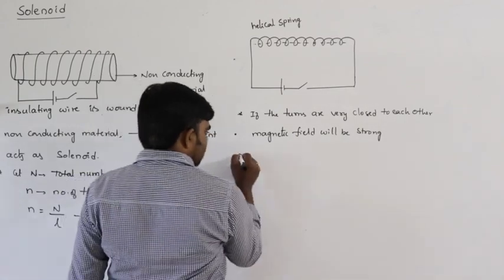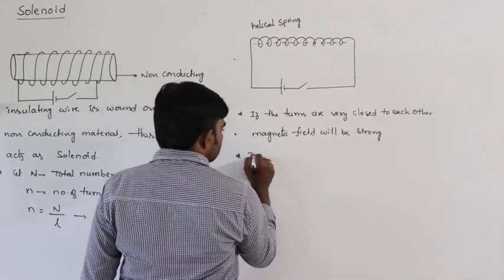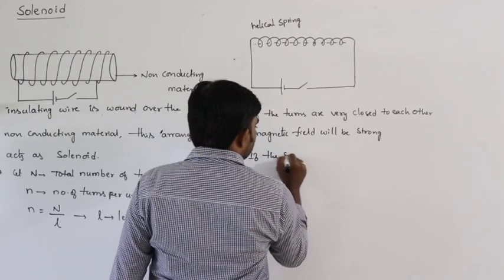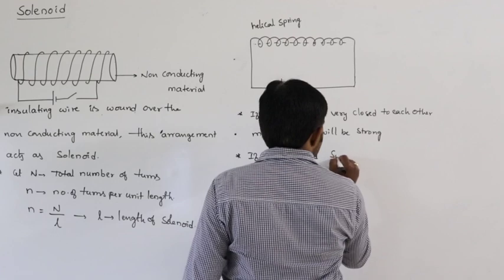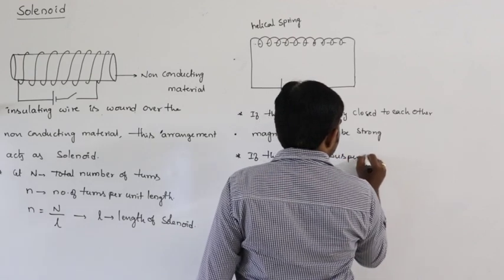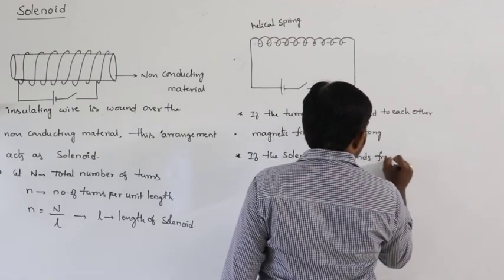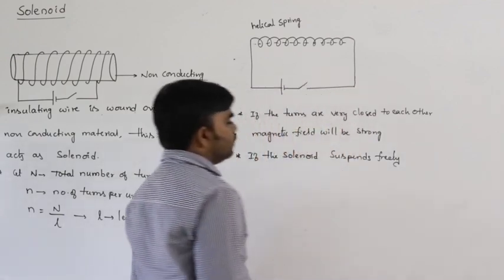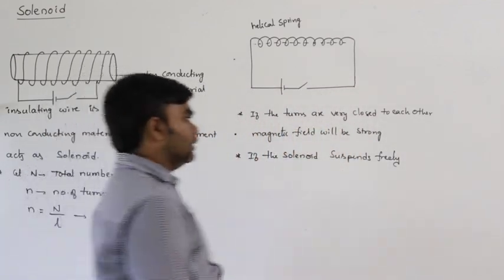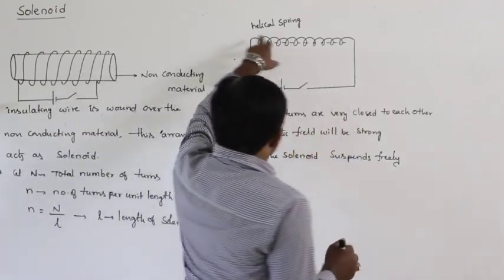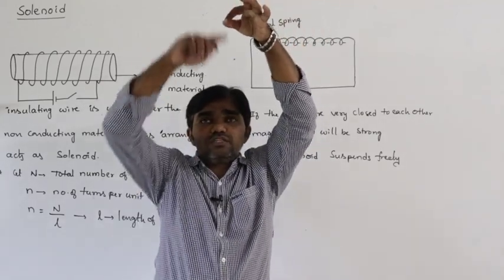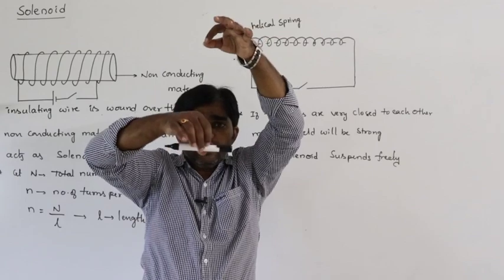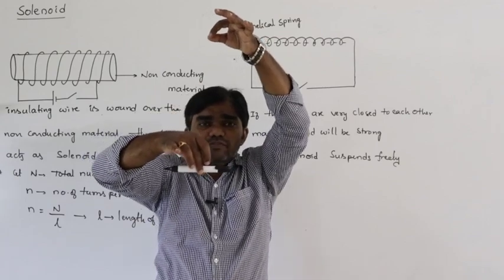Now one more thing is here, if the solenoid is suspended freely, freely suspended means this arrangement is suspended with the help of a non-conducting string.